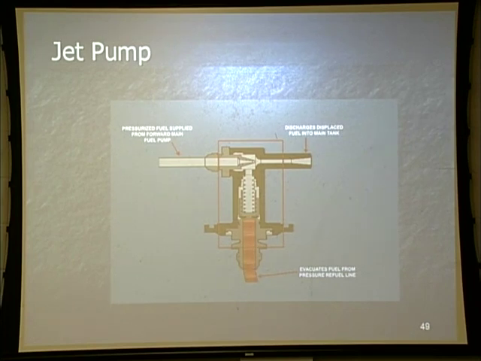Now, we're going to go ahead and run it through. And what you're going to see is as this pressure fuel comes through this line, a Venturi effect is going to be created right here. Why a Venturi effect? We're going to have low fuel pressure down here. So what happens when a high fuel pressure meets a low fuel pressure area?